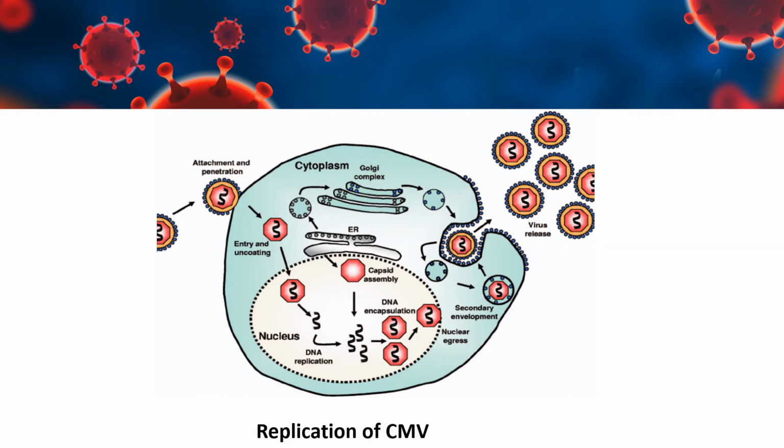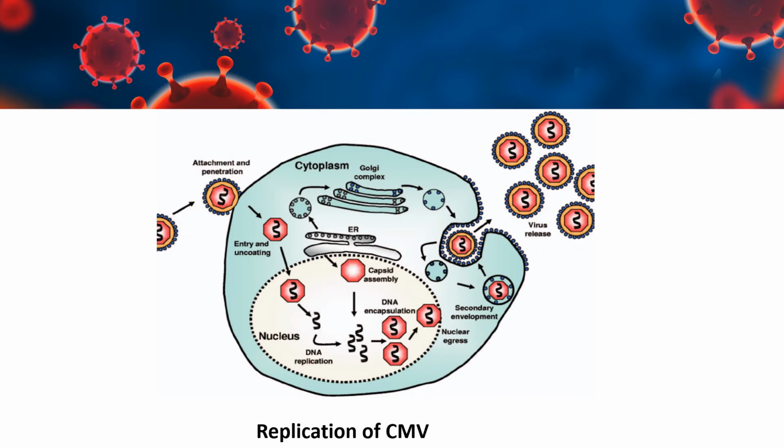Then this DNA starts its own replication and its own synthesis of the structural proteins. Initially, it synthesizes the immediate early proteins, and then the early proteins, which are the structural proteins, and then it replicates its own DNA by the rolling circle model of replication in concatameric forms.